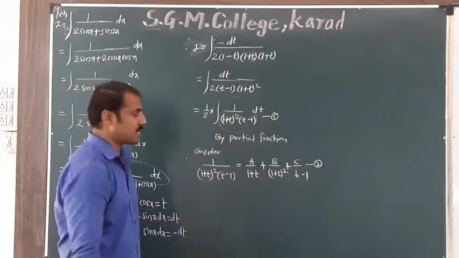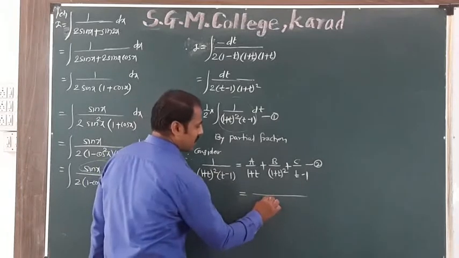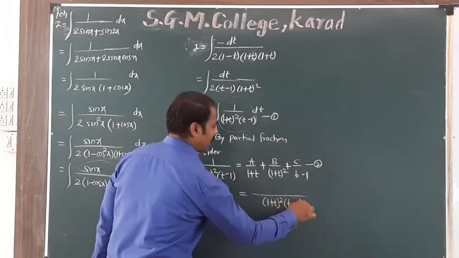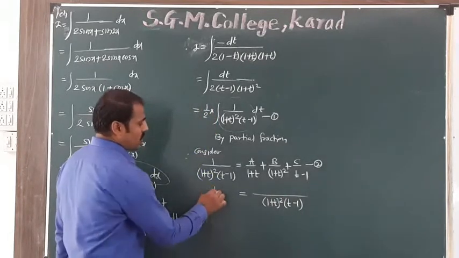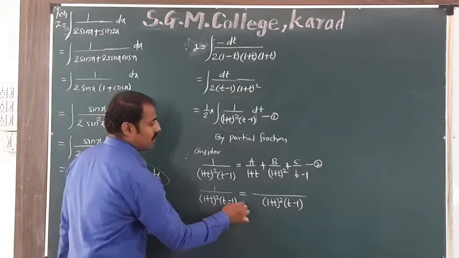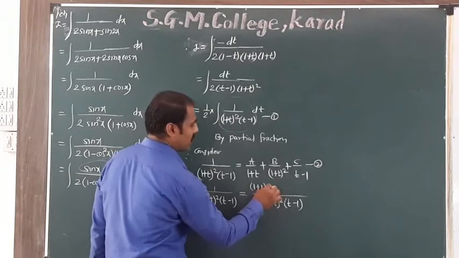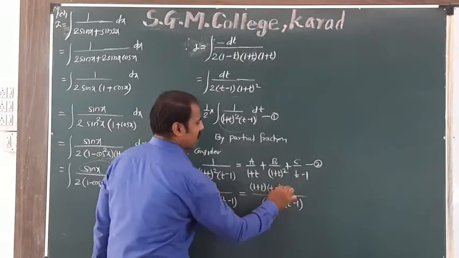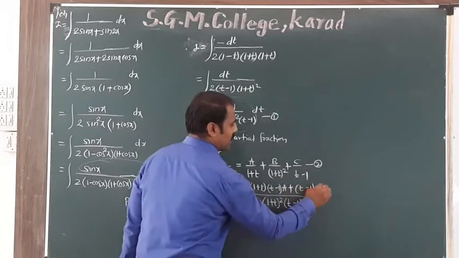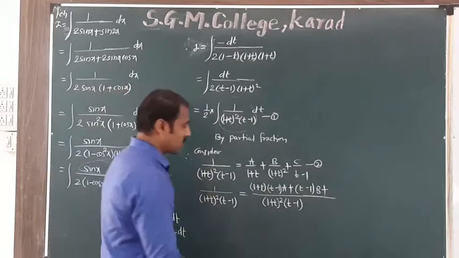Making the denominator the same, that is taking the LCM on the RHS, the LCM is (1 plus t) square into (t minus 1). So we multiply a by (1 plus t) into (t minus 1), plus b by (t minus 1), and c by (1 plus t) square.